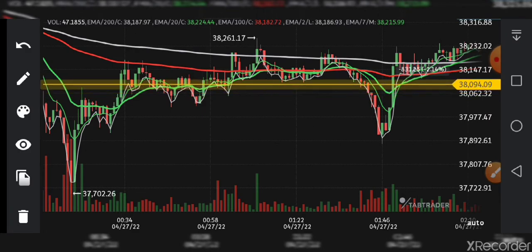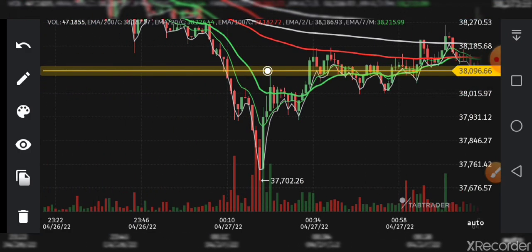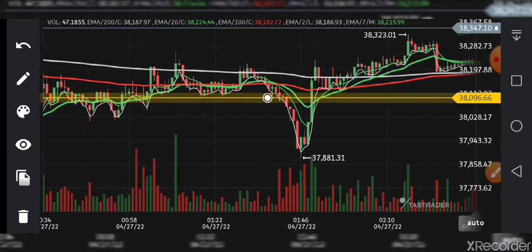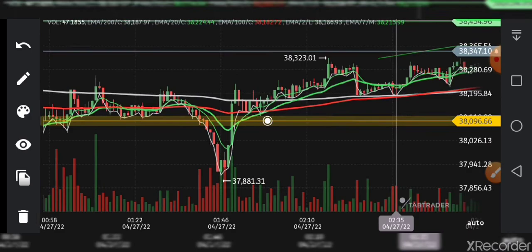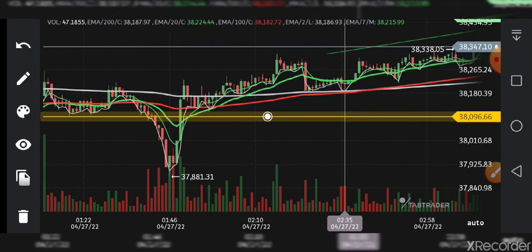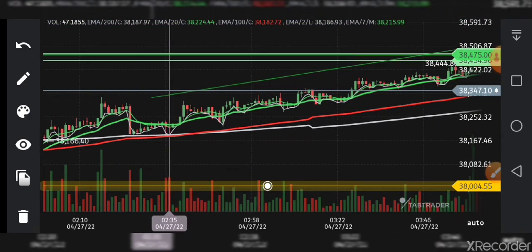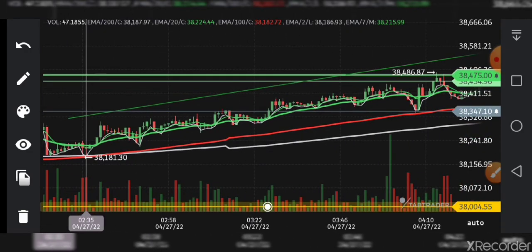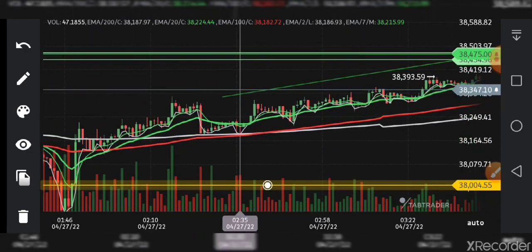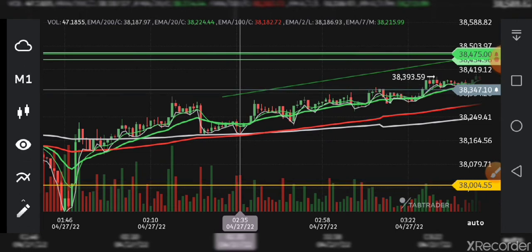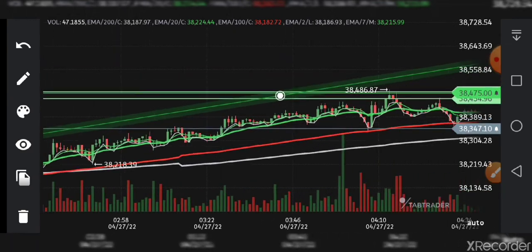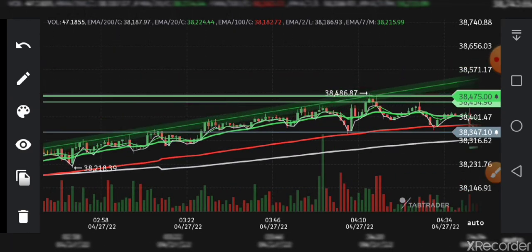Then it will become like a resistance, then it will become like a support right here. Then we will keep on moving forward. Everything is going up, right? Then you can draw your trend line like this one for you to know when to take your profit.